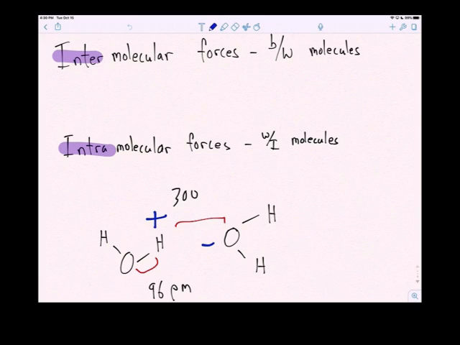To give you an example here, we have the water molecule, and the bond distance between oxygen and hydrogen is 96 picometers, and the distance between the hydrogen and oxygen in liquid water is about 300 picometers. So what? Well, atoms are a lot like people. The closer you are to someone, the more bonded you are to someone. Like, this is my close friend, and you give that person a hug.